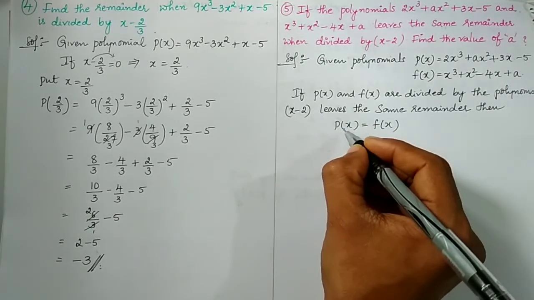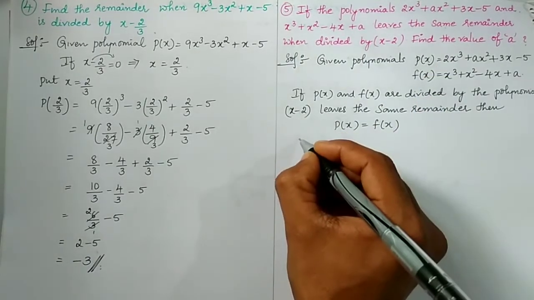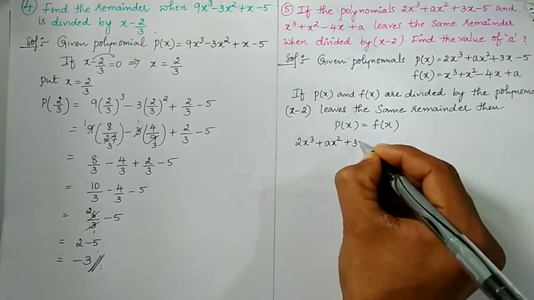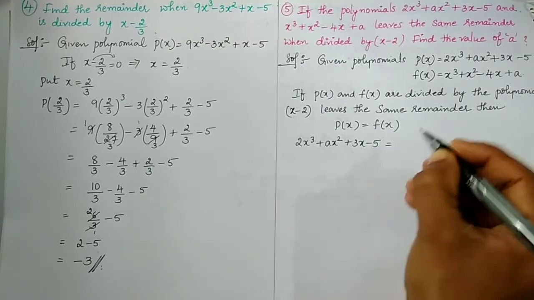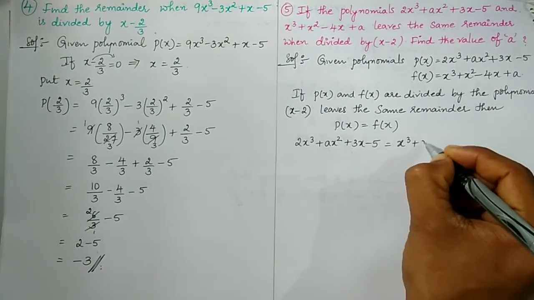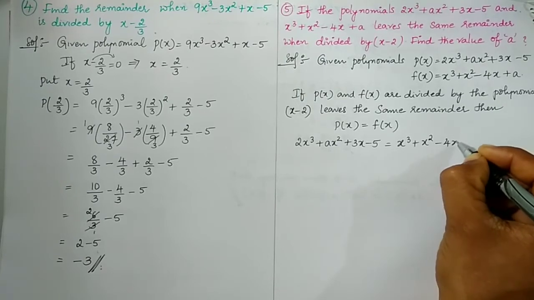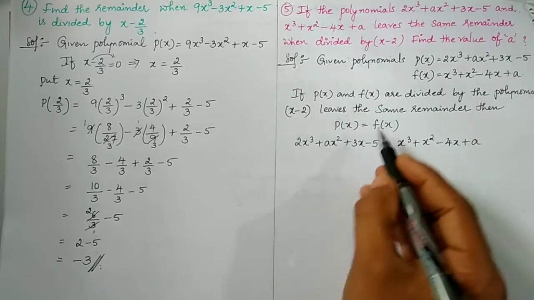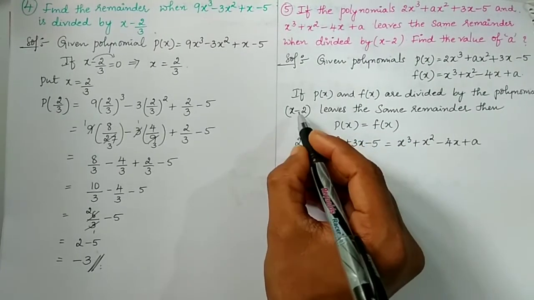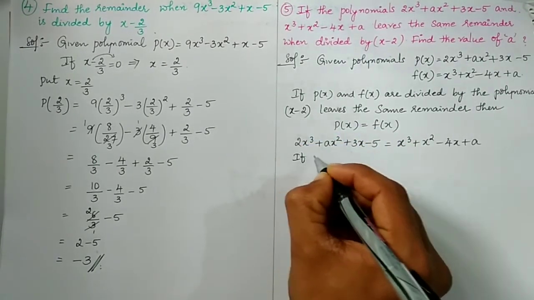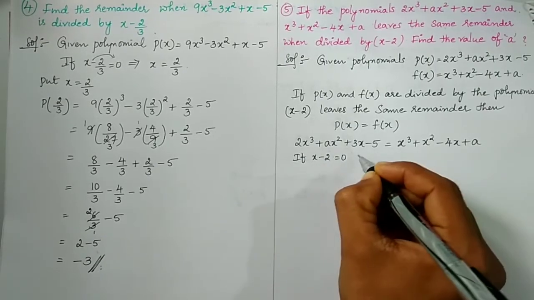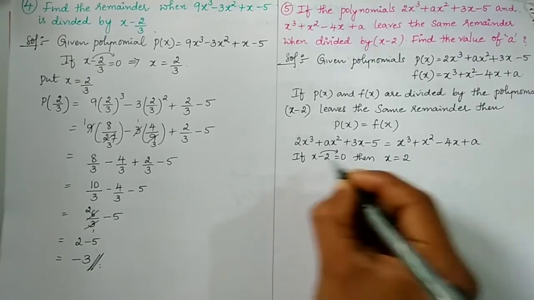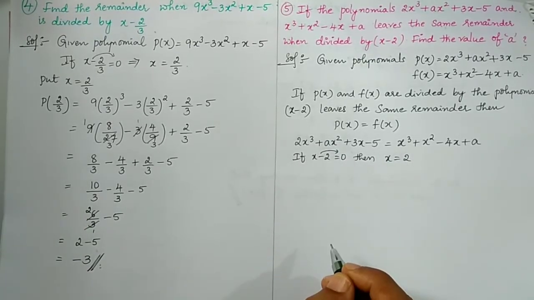Now what is p of x? P of x, I write 2x cube plus ax square plus 3x minus 5, equal to f of x, which is x cube plus x square minus 4x plus a. If x minus 2 equals 0, then what is the value of x? X is equal to 2. If I transpose minus 2, it becomes plus 2.